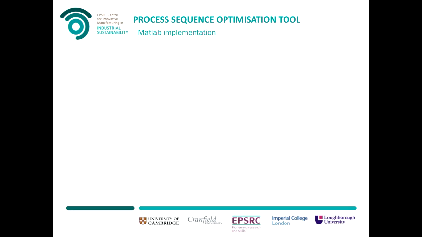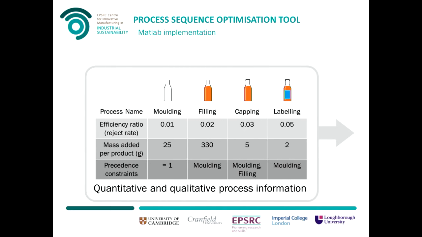process. So we developed a tool in MATLAB with assistance from my colleague Alessandro to basically find the best sequence of events that will give you the minimum amount of waste produced and also the minimum impact of waste produced.